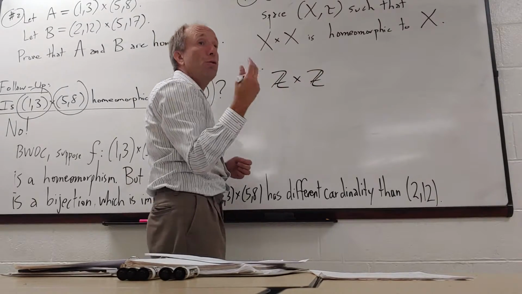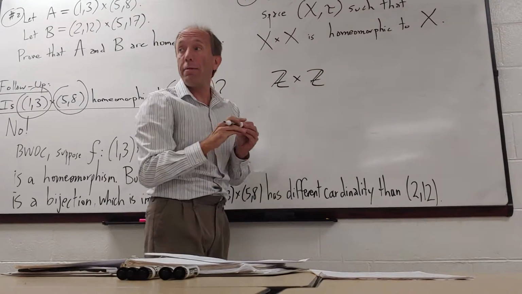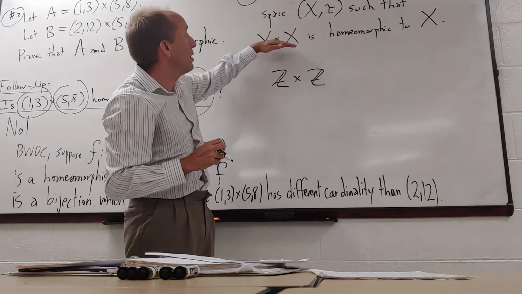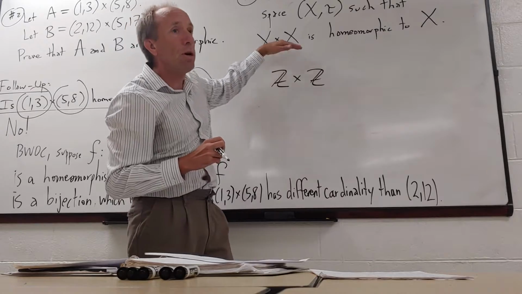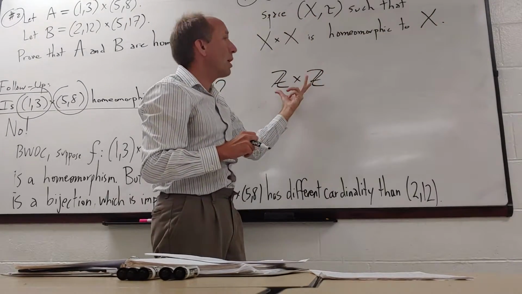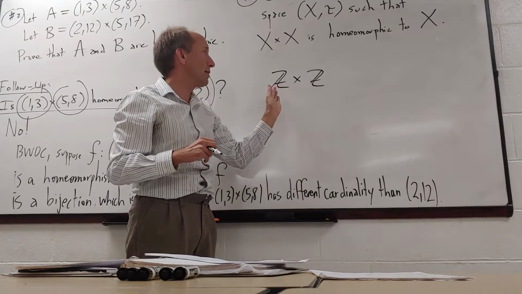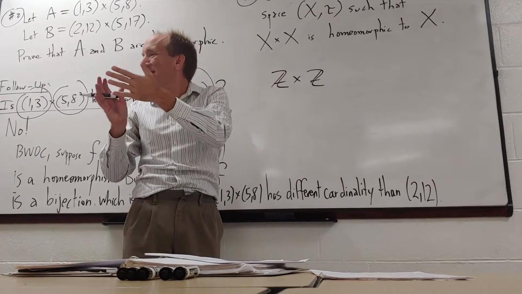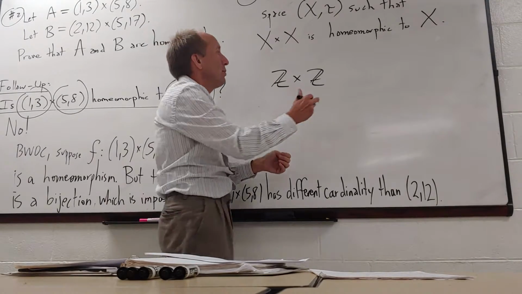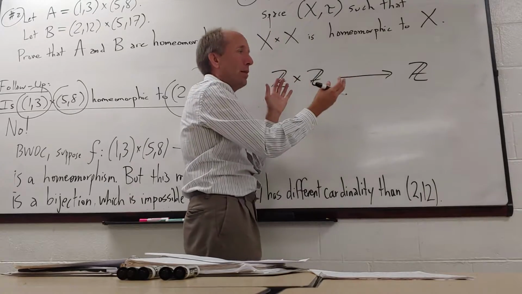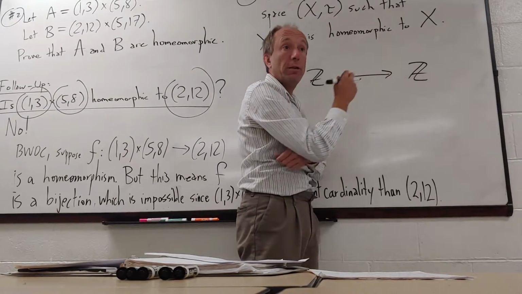So I'm glad that you use an infinite set, because obviously with a finite set you can't do this, because in a finite set X cross X won't have the same size as X, right? But when you're talking about a countable set, such as the integers, when you cross two countable sets together, you get another countable set. So at least Vin has given me something that I could create a bijection.